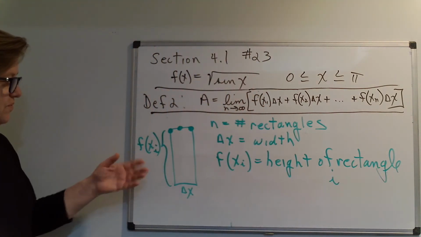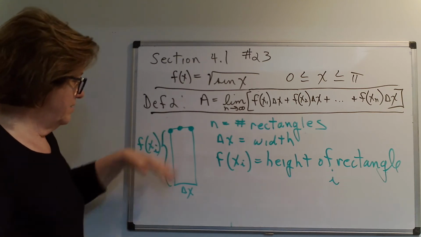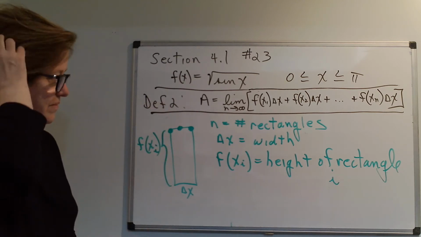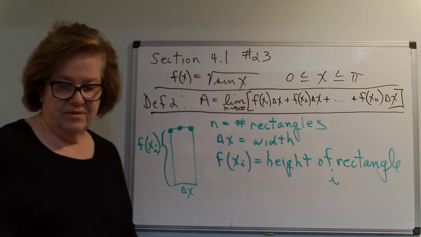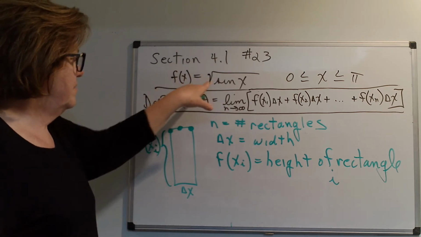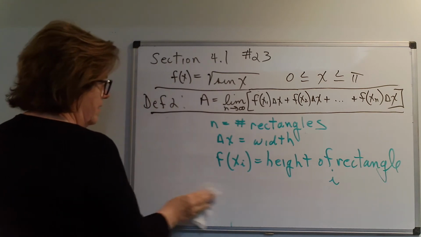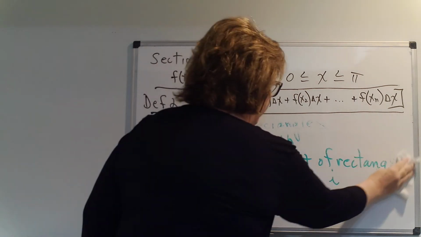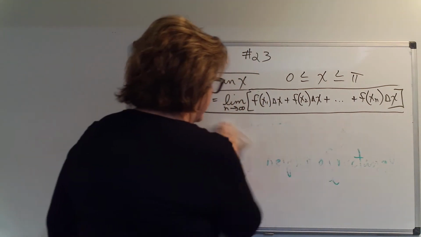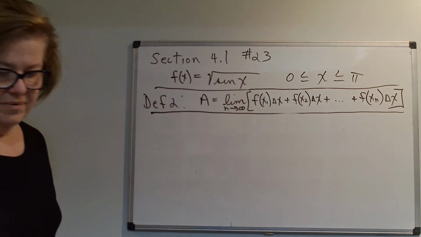So if it's the first rectangle, that's the first. If it's the second, that's the height of the second, and so forth. Okay, so we've got to write all this down for this function. Let me go back to that specific function and write something.